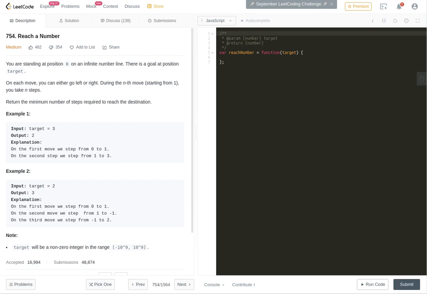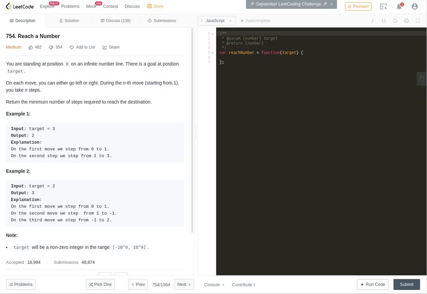So they give us some examples here. So the first example is here. Let's use Sketchpad and draw this out. The first example is you're given 3. So you're at 0 and you're given 3, just to conceptualize what the problem is.